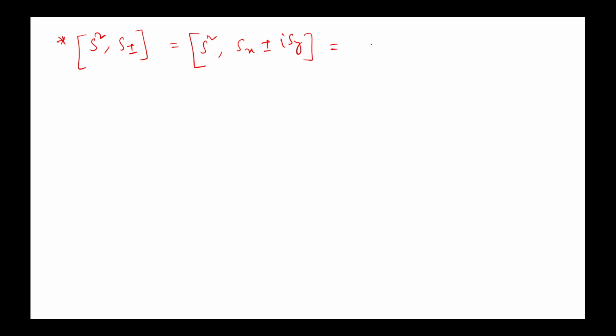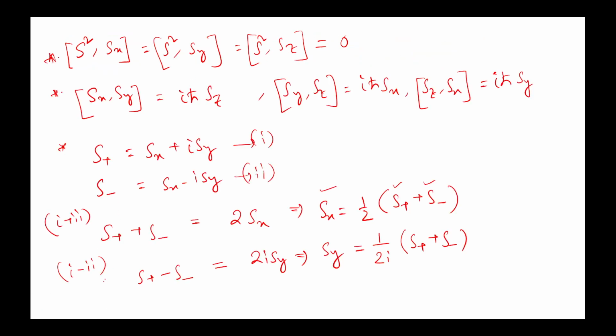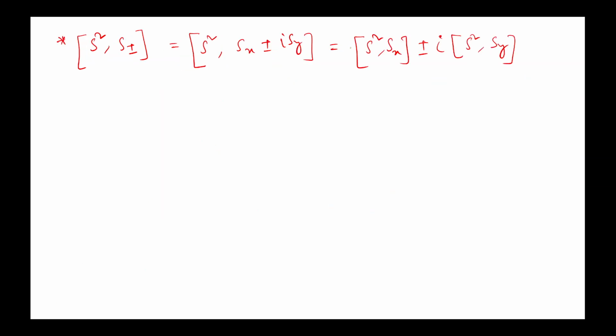And this you can write as S square Sx plus minus i S square Sy, and from here you can see that the commutators of S square with Sx and S square with Sy are 0, right? So actually S square and S plus minus commute, so that is equal to 0.